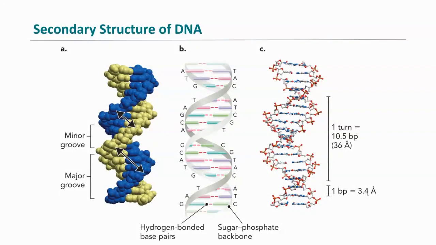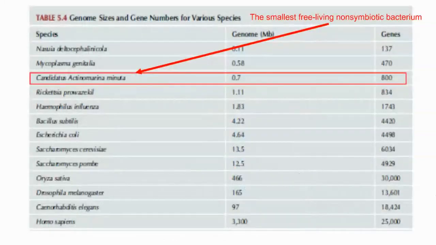So if I do the calculation, this is 0.7 megabase pairs, so 700 kilobase pairs, times 0.34 nanometer, so that's 238 nanometers.